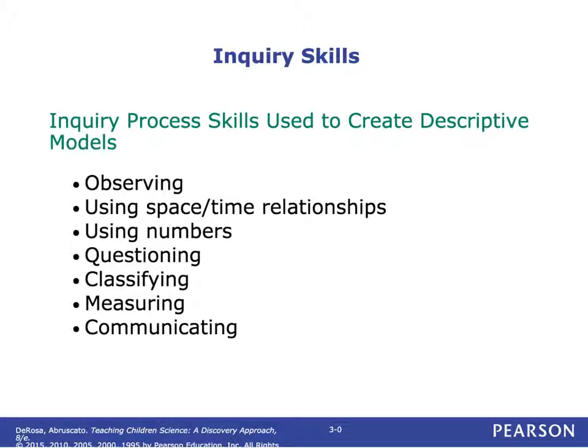It's a way to assign quantity to something. We can measure length, area, mass, volume, temperature, all sorts of different types of properties of a system. We can teach our children the relationship between these measurements and how we can use these measurements in our calculations in the descriptive model.